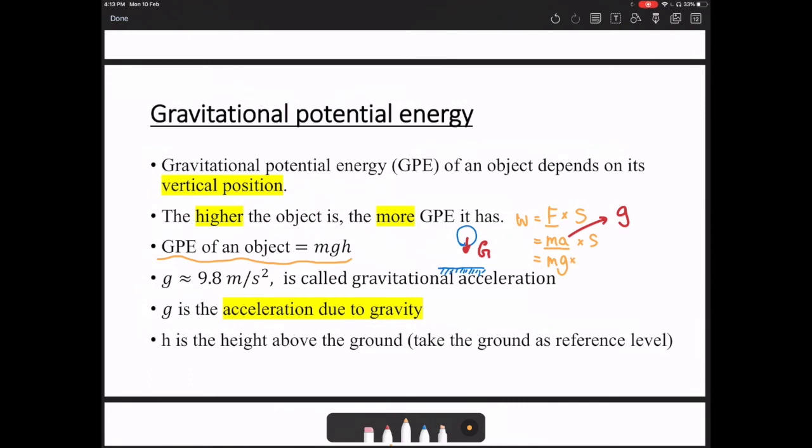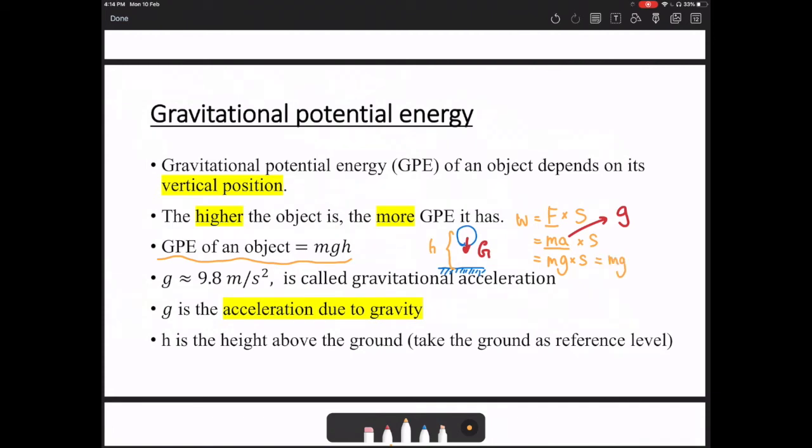mg times s. This small g is the acceleration due to gravity, and small g is approximately equal to 9.8 meters per second squared. And this s is displacement, right? If I let this h be the height above the ground, that means the displacement will be h.